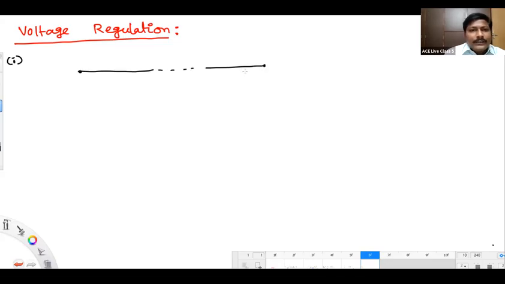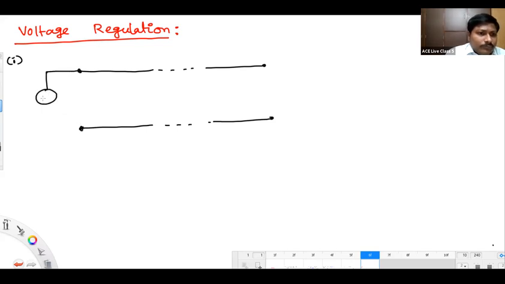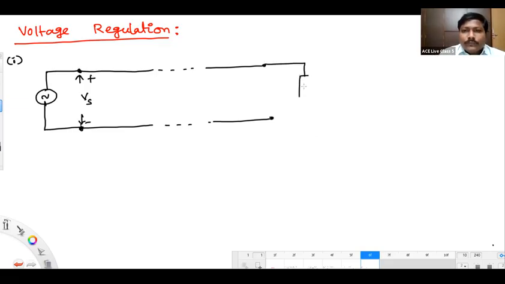On the input side we have a source, and this is Vs. On the output side we are keeping a load with a certain power factor cos phi r.